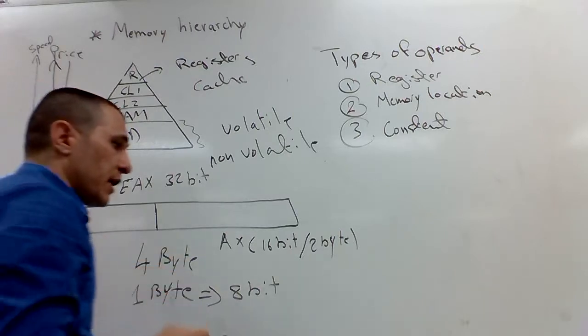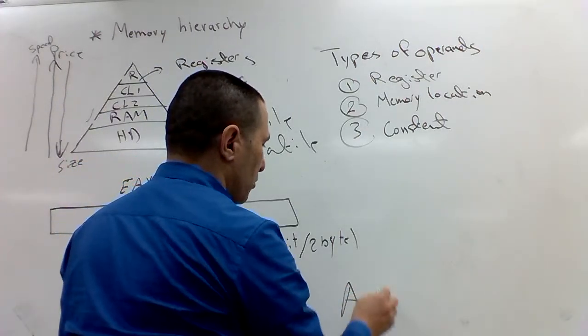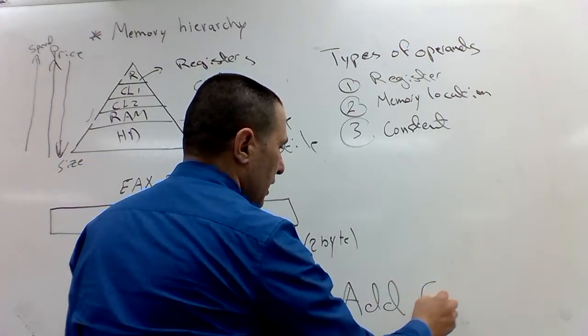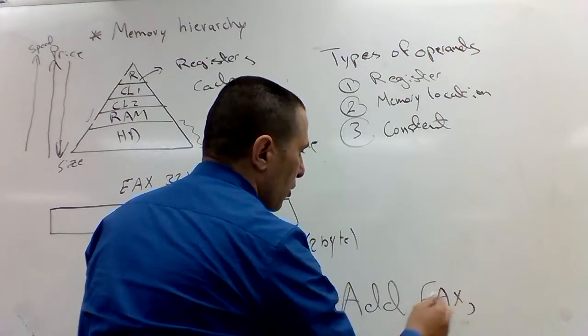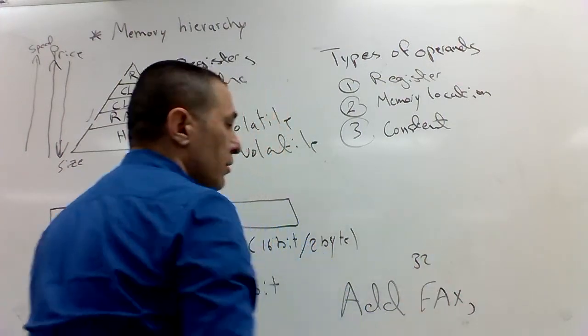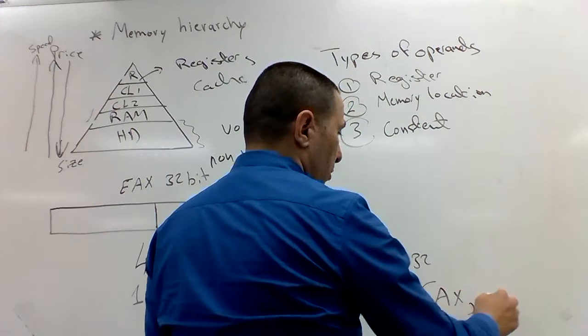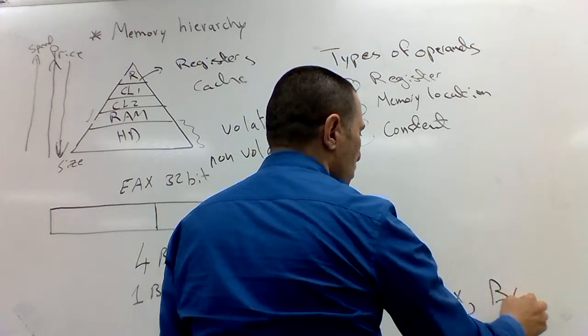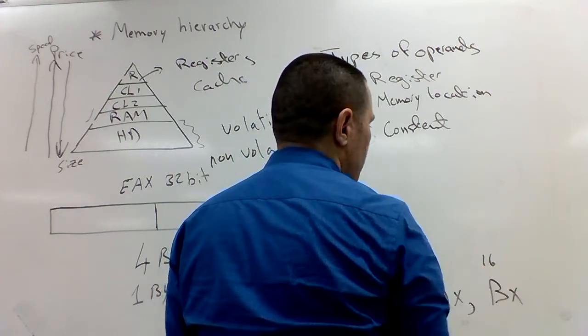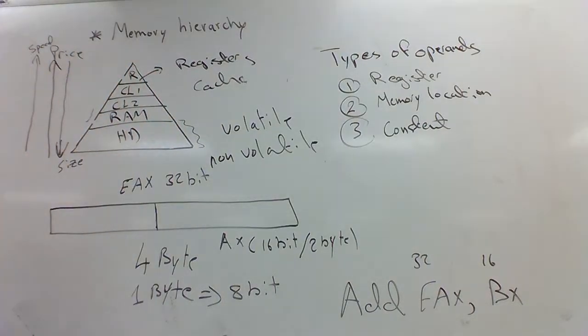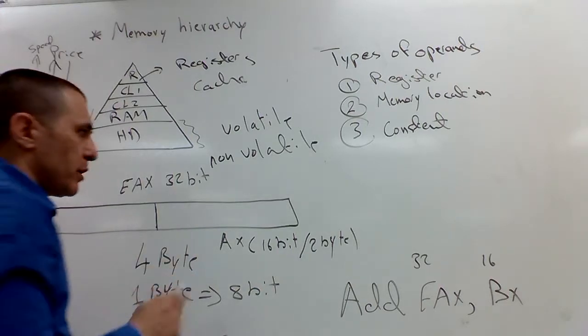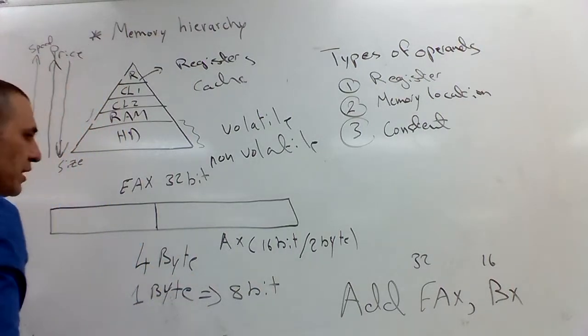And we have to be careful in assembly. If I try to add EAX, which is a 32-bit register, or 4 bytes, plus BX, which is a 16-bit register, or 2 bytes, this will give me an error. Size mismatch. The sizes have to be the same.